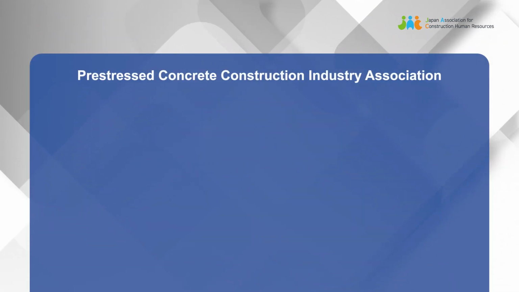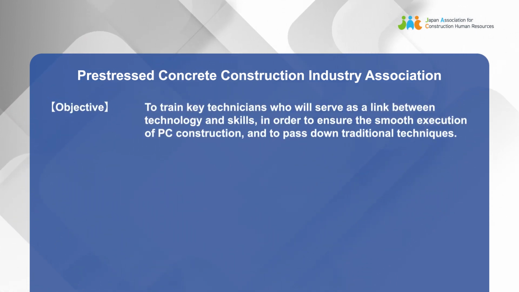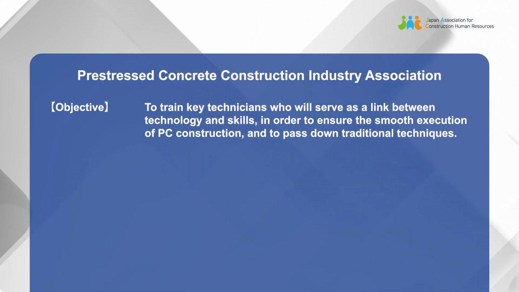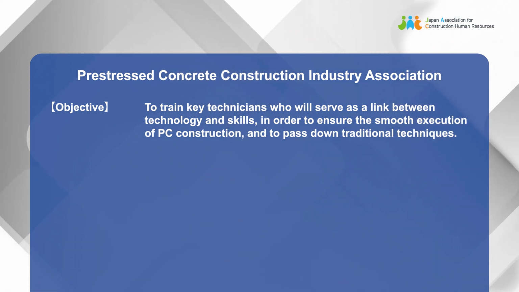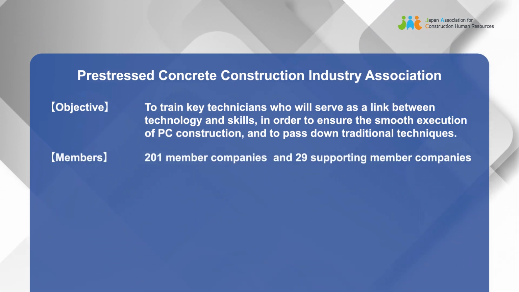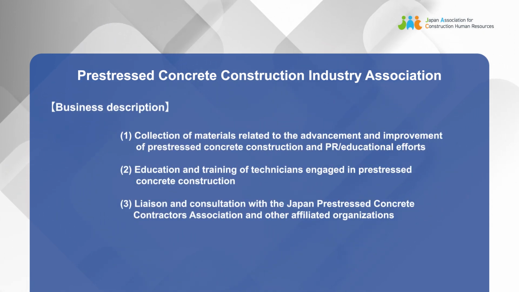Prestressed Concrete Construction Industry Association. Objective: to train key technicians who will serve as a link between technology and skills, in order to ensure the smooth execution of PC construction, and to pass down traditional techniques. Members: 201 member companies and 29 supporting member companies. Business description. 1.